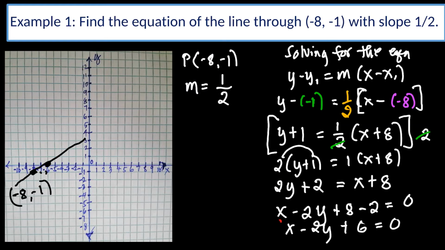So this is the general equation of the line that passes through -8 and -1. This is the line that we are referring to, and its equation is x minus 2y plus 6 equals 0. I hope you can follow.